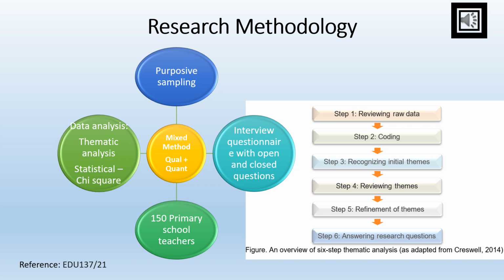In identifying the themes for the qualitative data, the researchers followed Creswell's 6 steps, namely reviewing the raw data, coding the data, recognizing the initial themes, reviewing the themes, refining the themes, and answering the research question.